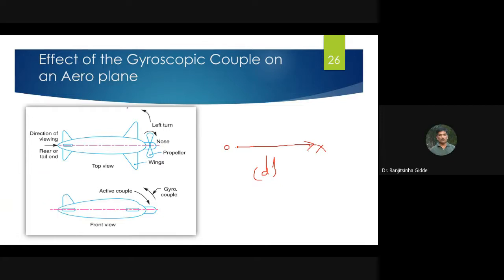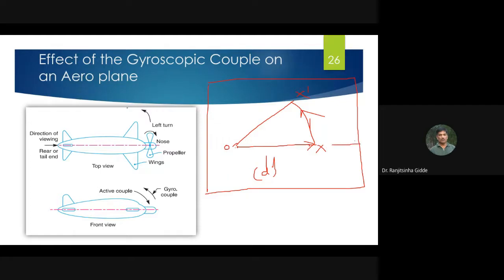Just by drawing one arc, and this is the new position. Here you can write X prime. Now this is in top view.